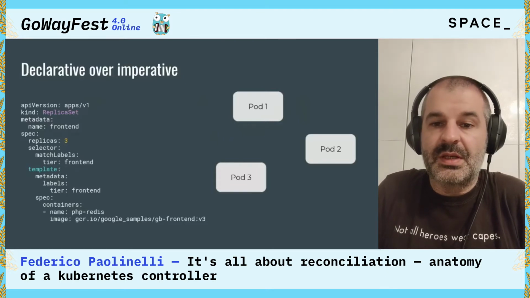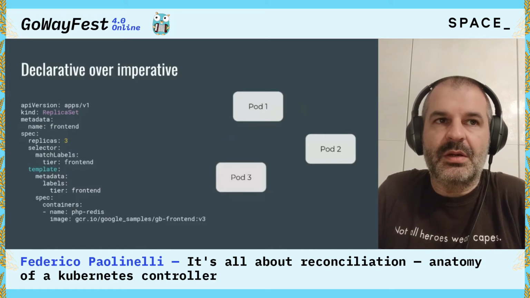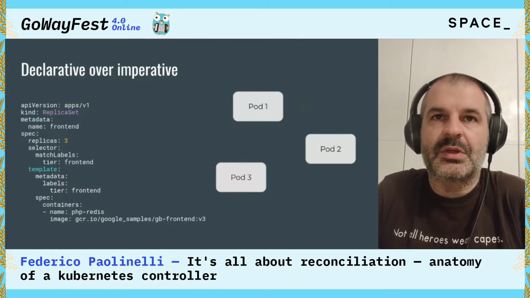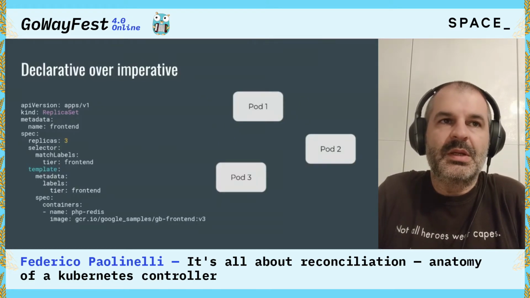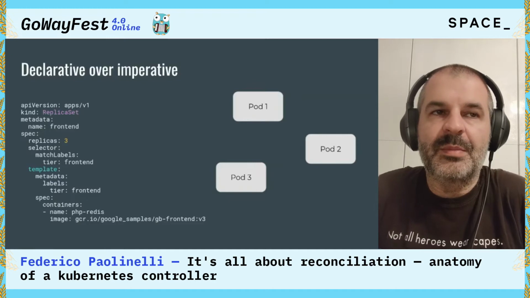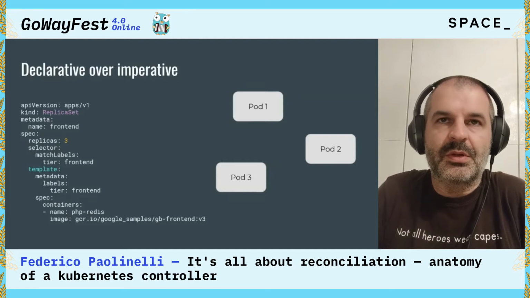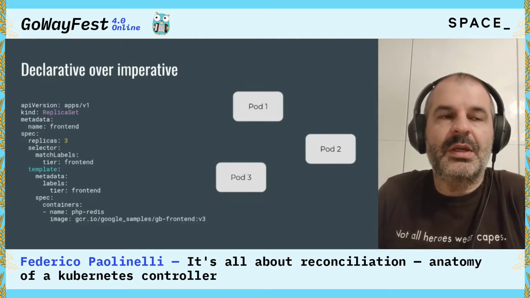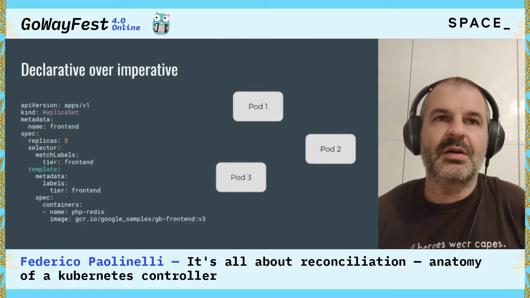You declare the state you want the cluster to reach, and then the cluster will react accordingly and try to reach the state you're asking for. So, for example, this is probably the most abused example, the replica set, where you run 3 pods. A pod is the minimum running unit where you put your container. And here we ask for 3 replicas. And then the cluster reacts accordingly and spawns 3 pods.